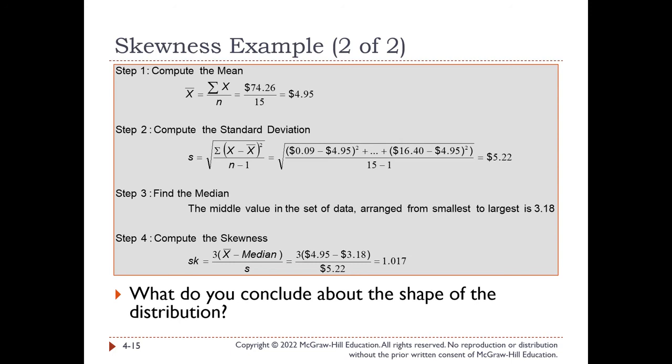Samples is always n minus 1 when we talk about standard deviation. Okay? So this figures out a standard deviation of $5.22. Then we find the median and the minimum value of the set. The data ranged from smallest to largest, and the minimum is $3.18.